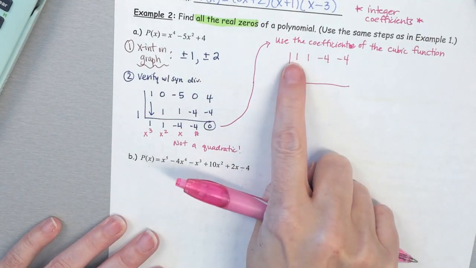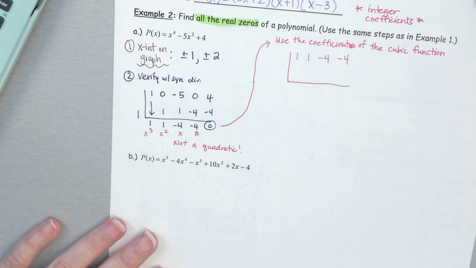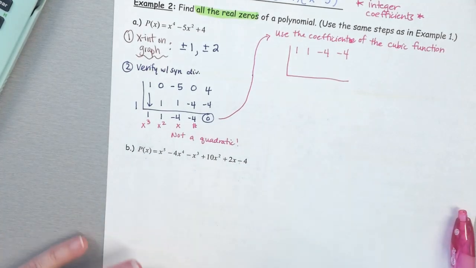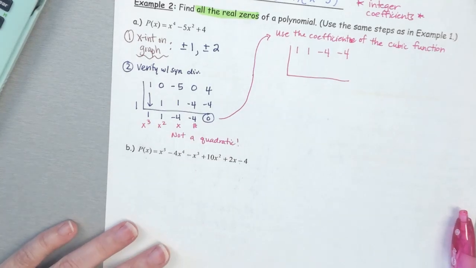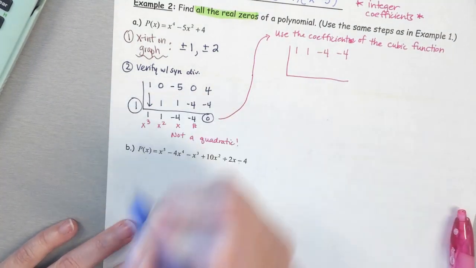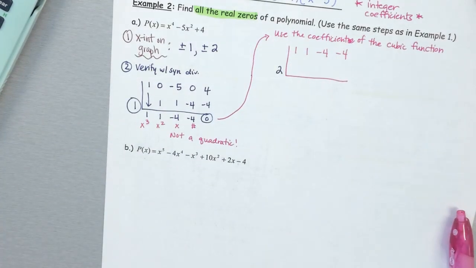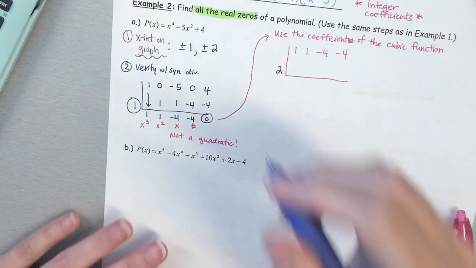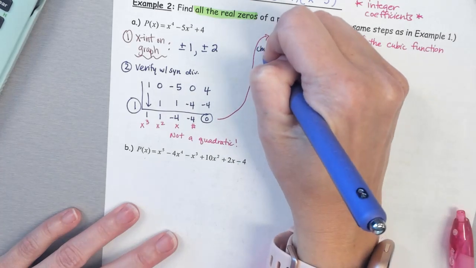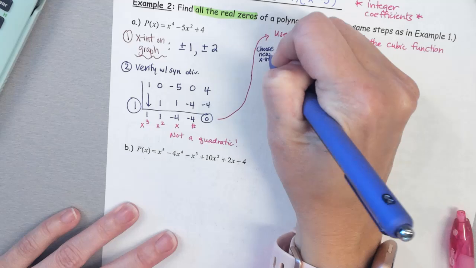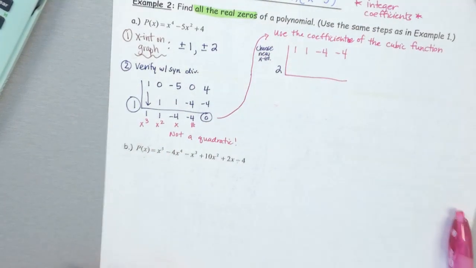Okay, so you're only going to use the 1, 1, -4, -4. Okay, so you are going to choose a new x-intercept. So we already used number 1, so now we can use 2, or -1, or -2. Okay, so choose a new x-intercept from your list there.